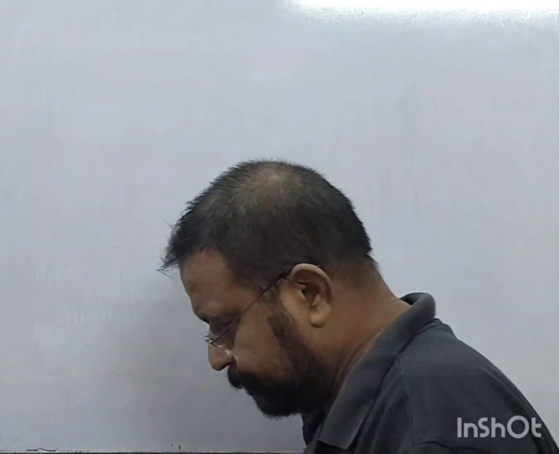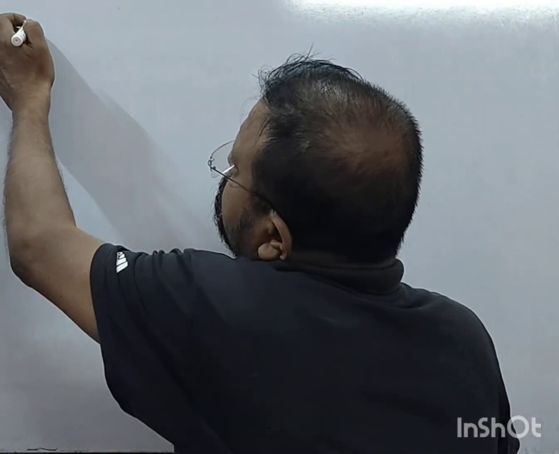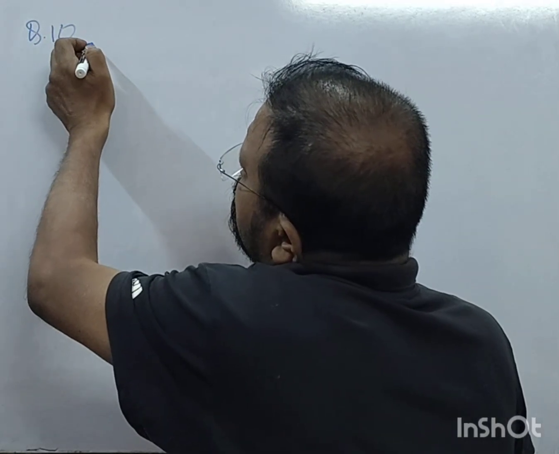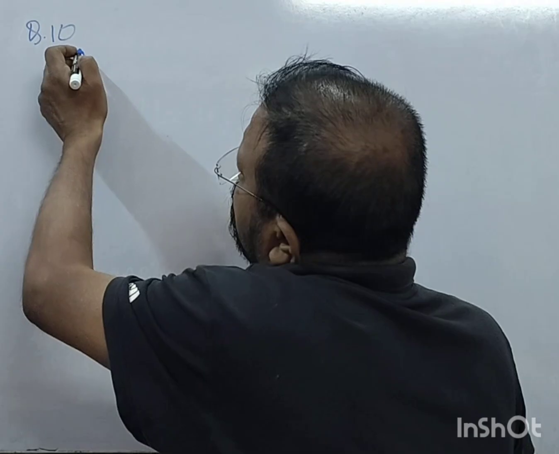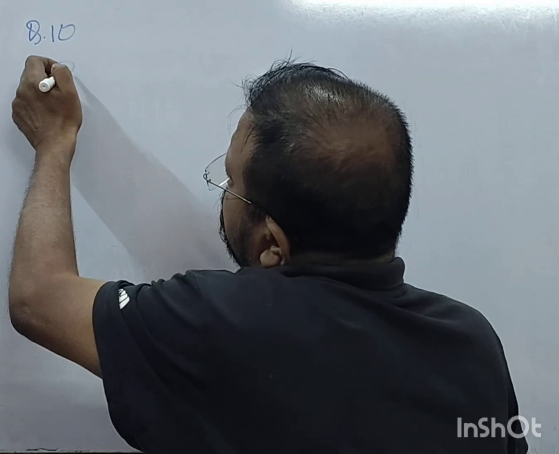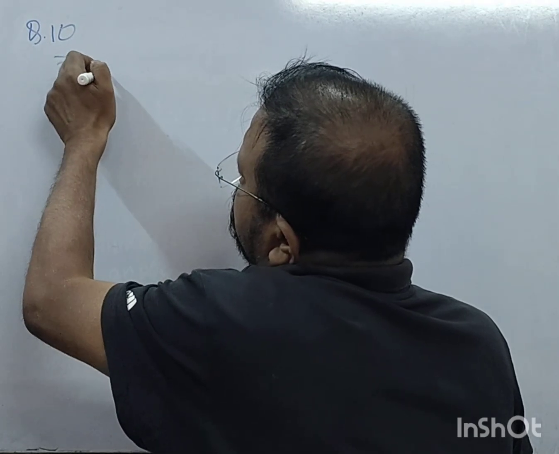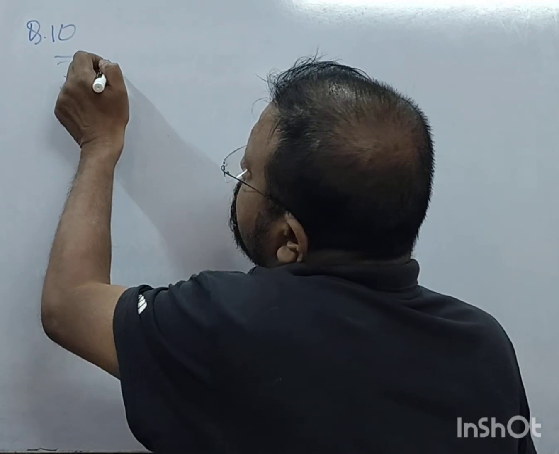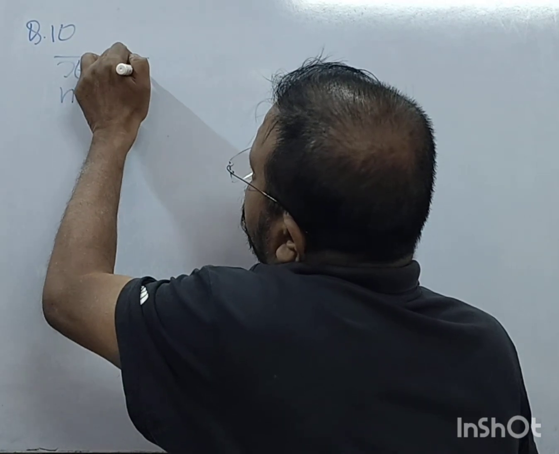क्वेश्चन नंबर 10 क्या? Mean of 8 variates is 10.5, right?